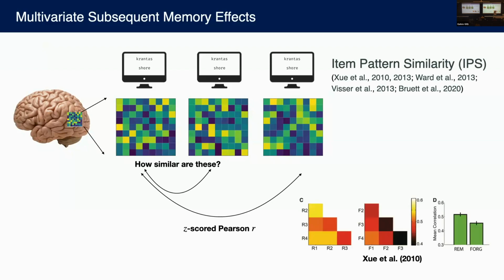In general, people have found this is kind of a classic: Xue and colleagues in Science 2010 showed that generally more similar representations neurally means that you're more likely to remember that thing that you were looking at.